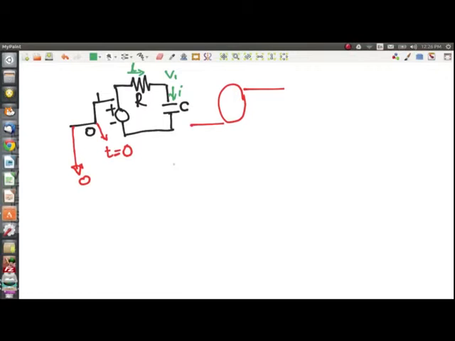What we know is that the current I is C into dV by dt. This is because Q is equal to C into V, so the derivative of Q is I, and since capacitance is a constant, I get C dV by dt.